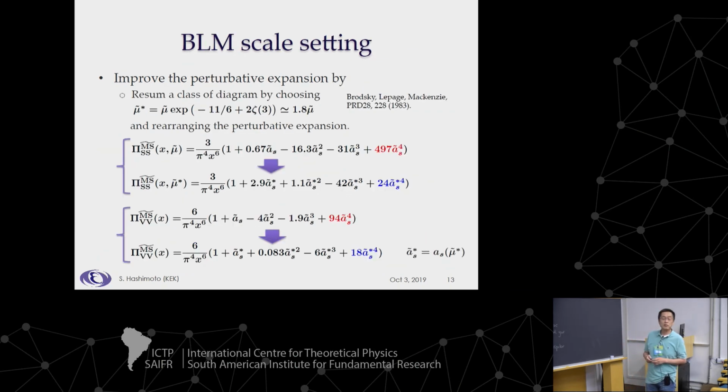But there is a way to improve it. That is the classic BLM scale setting, absorbing some part of the higher order terms by changing the scale in the coupling constant. One can improve the perturbative expansion from this one to the other one. And you can clearly see that the coefficients are much smaller.